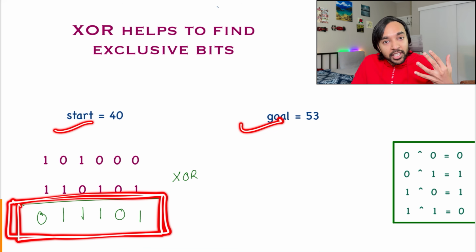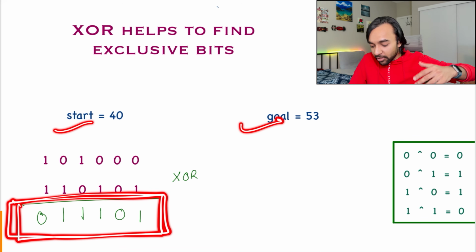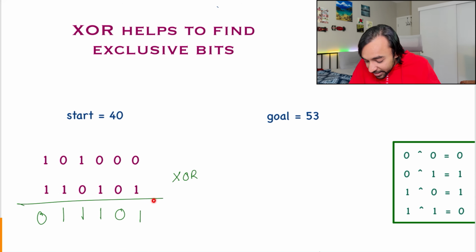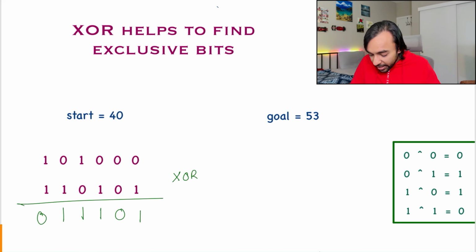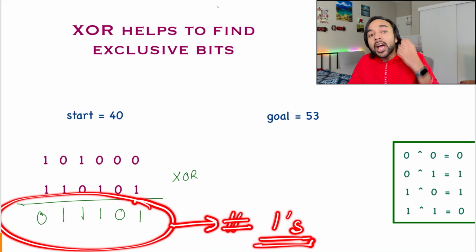And what are we interested in? We are interested in the minimum number of bits I need to flip such that I can convert one number to the other. And what are these minimum number of bits? These are the exclusive bits that I have. So, if I have this number and I find the count of ones in them, if I can count how many bits are set in it, I can easily determine that, hey, these are the bits I need to flip.